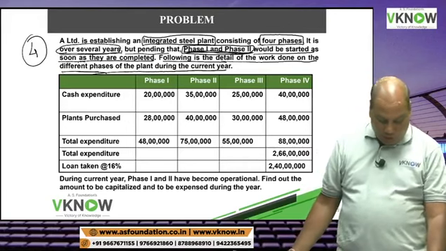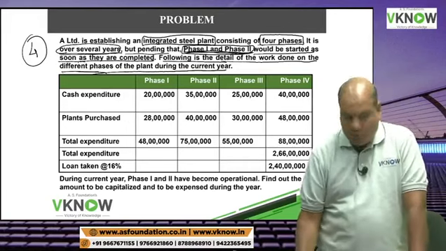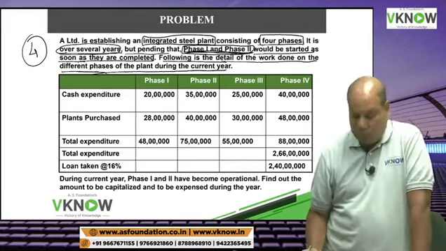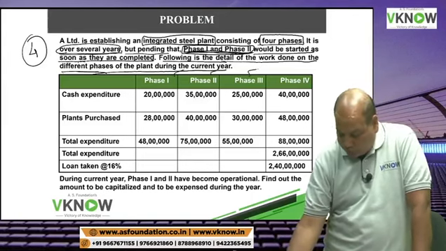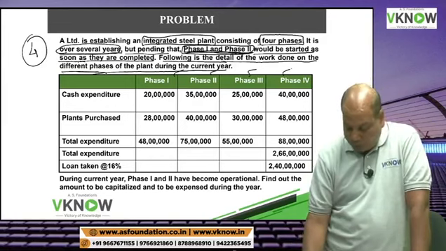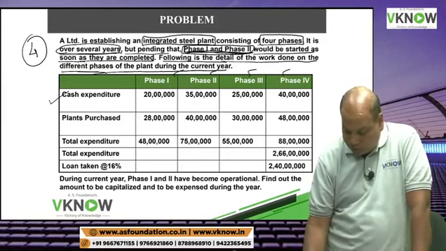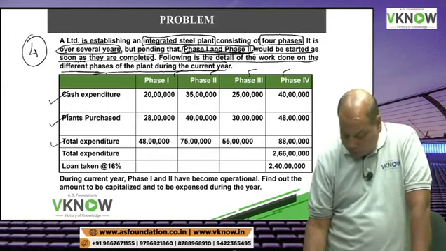Now understand the question. This question was asked in one of the study materials of the institute. So these are four phases of the steel plant: cash expenditure incurred, plant purchase, total.